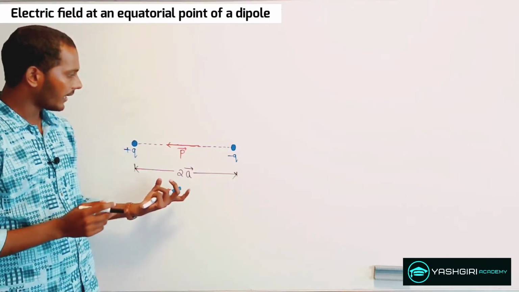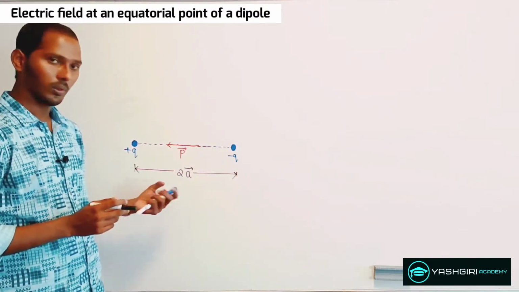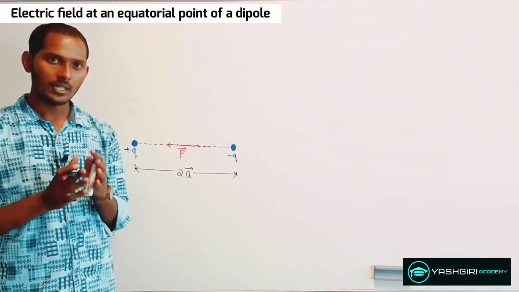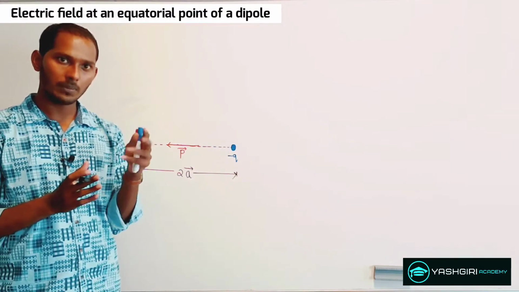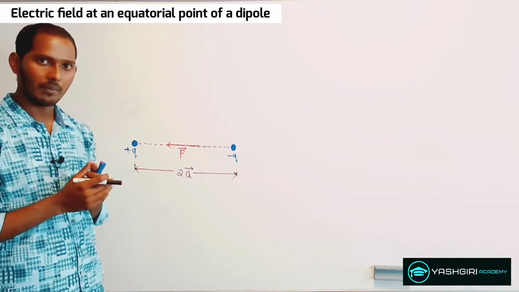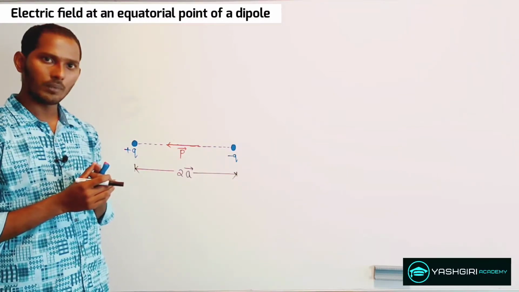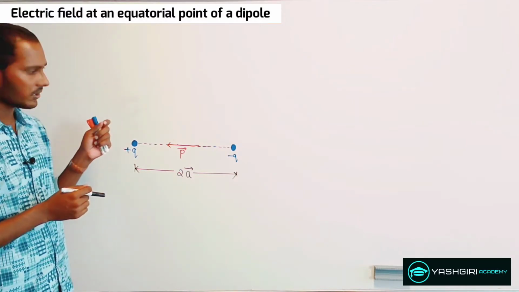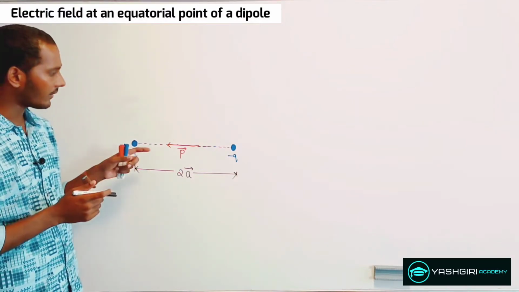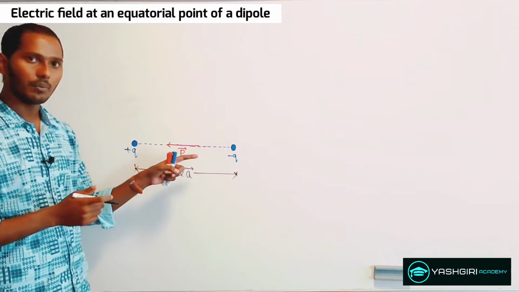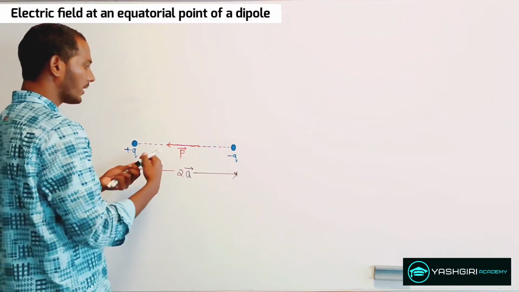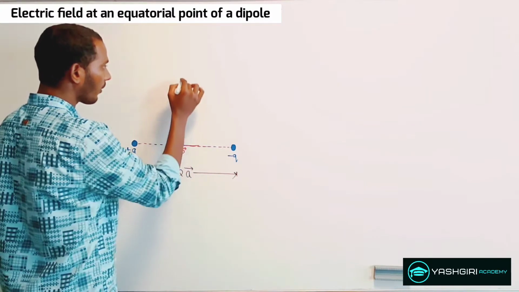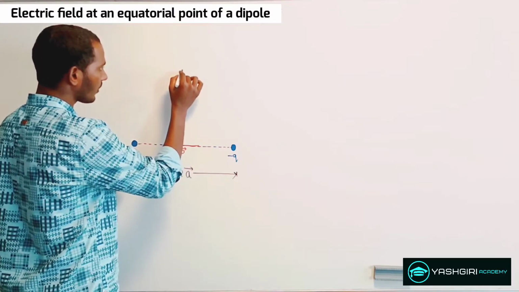Here again I have an electric dipole, and this time we are interested in measuring the electric field at a point on the equatorial plane of this electric dipole. So let me show an equatorial line over here. An equatorial line is just a line perpendicular to the dipole axis, passing exactly through the center.